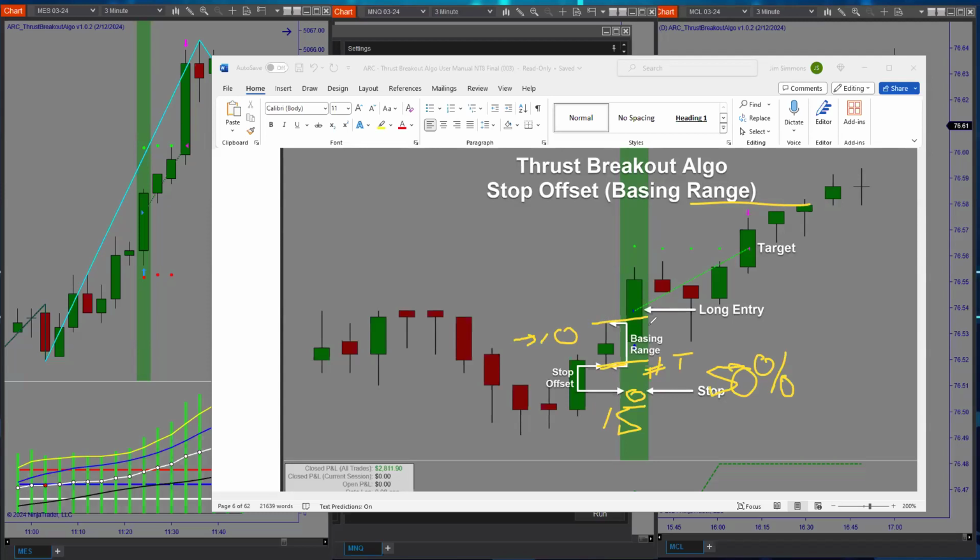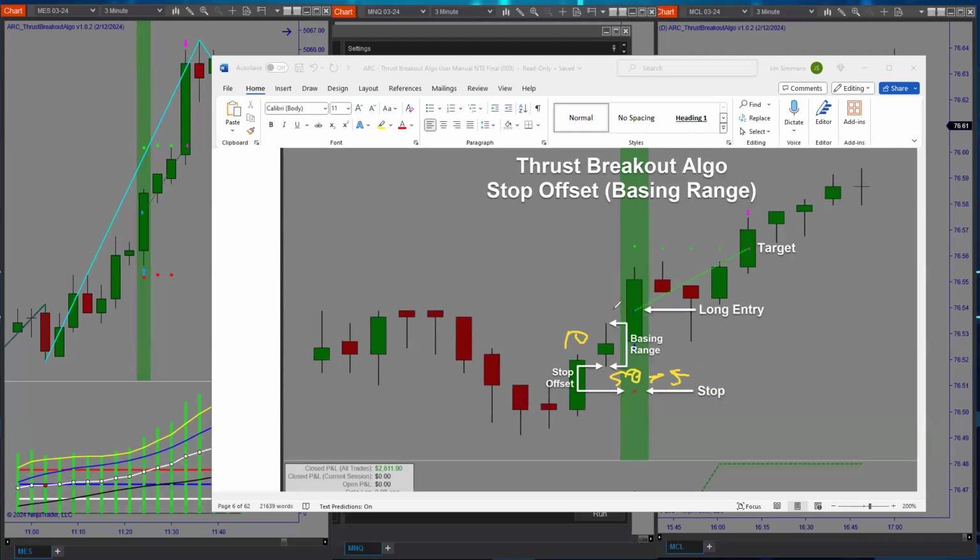Okay, so in this case, what does that actually mean in terms of ticks? Let's redo this because I want to do the ticks too. Hang on a second. Okay, sorry about that. Big sneeze. Okay, so if your stop offset is 50%, your range is 10 ticks, then that means this is 5 ticks.